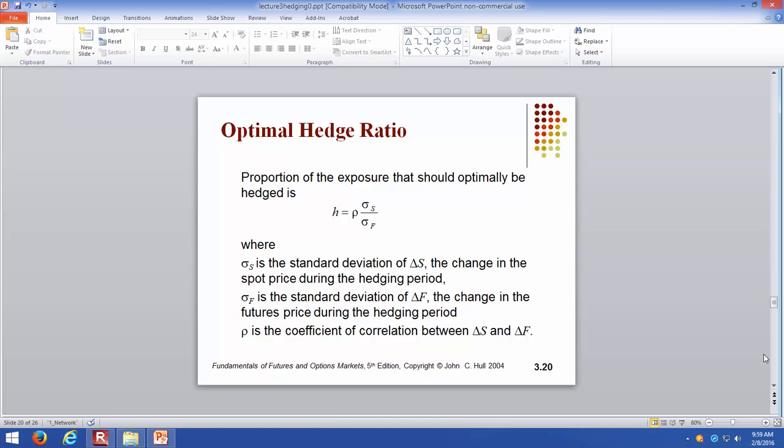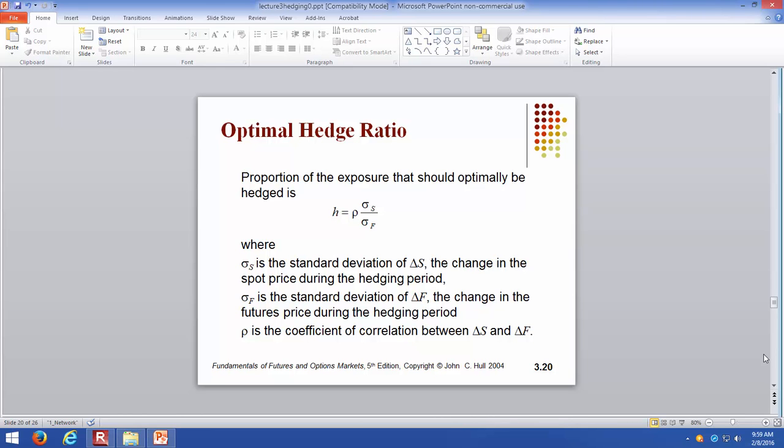So if you are looking at treasury bonds, we are talking about the standard deviation of the prices of these bonds. If you're talking about corporate bonds, that would be the standard deviation of the corporate bonds. And sigma F, if you're a portfolio manager trying to hedge corporate bonds using a portfolio of treasury futures, tells you the standard deviation of the futures contracts.